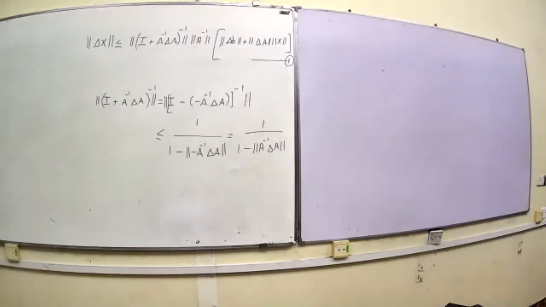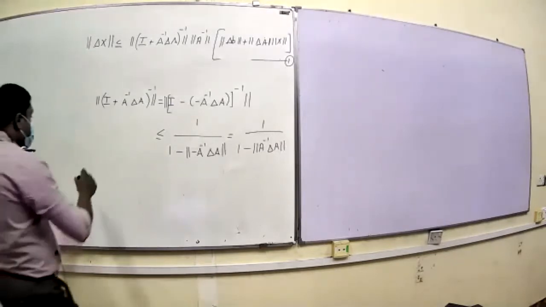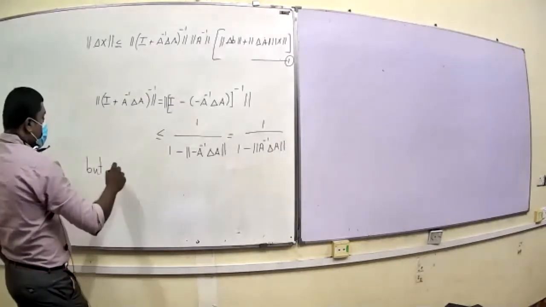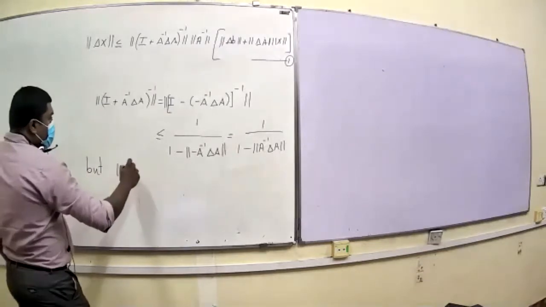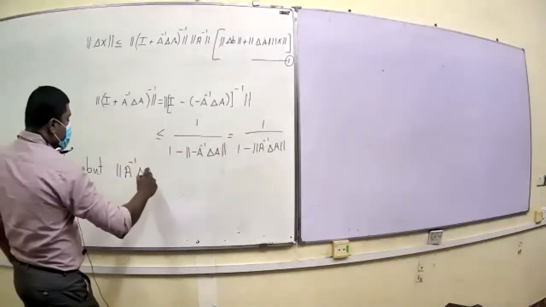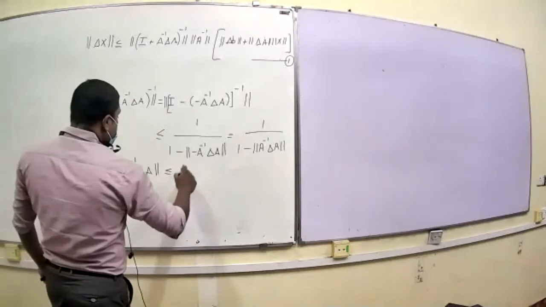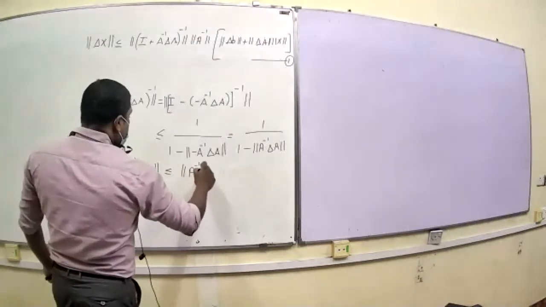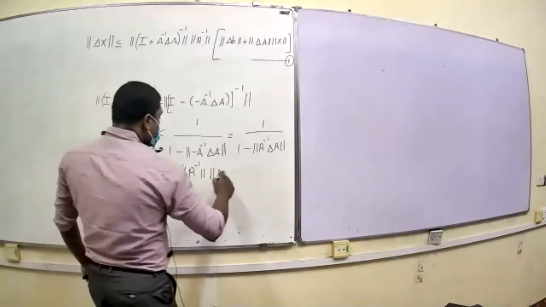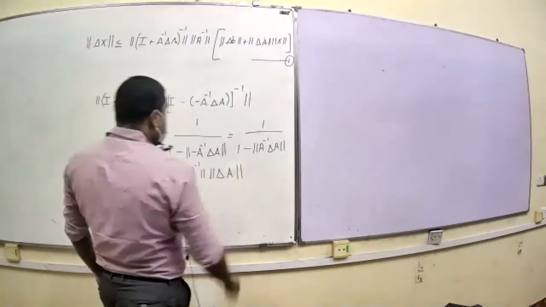So we get this 1 minus A inverse delta A, right? But you know A inverse delta A is less than or equal to norm of A inverse times norm of delta A, right?